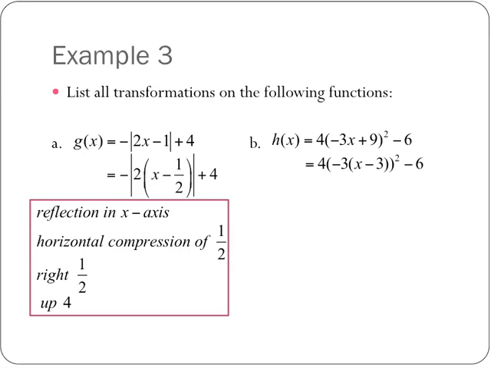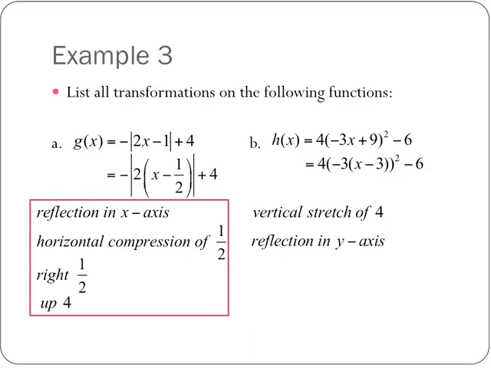All right, so let's start with the left. We have a 4 on the outside. That means this is a vertical stretch by a factor of 4. We have a negative that's inside of the function, so that's a reflection in the y-axis.